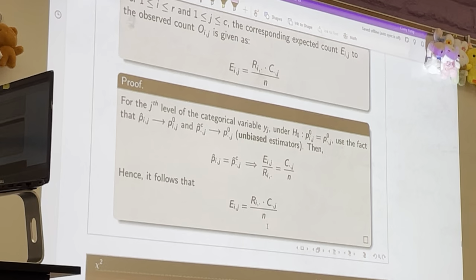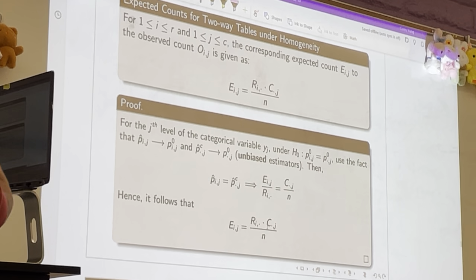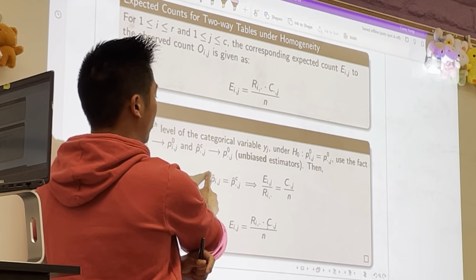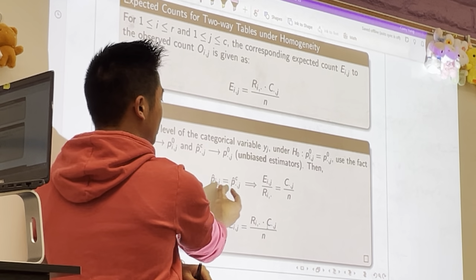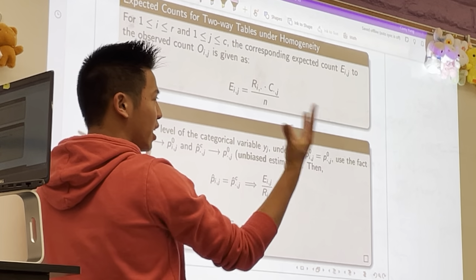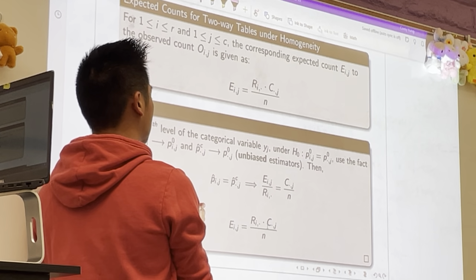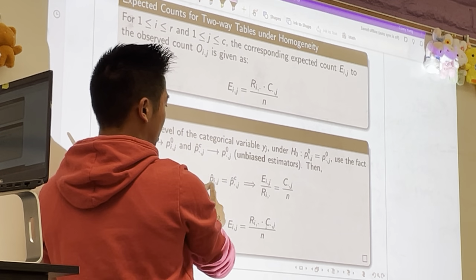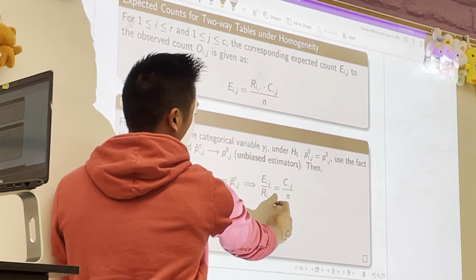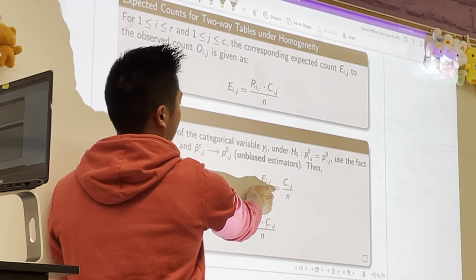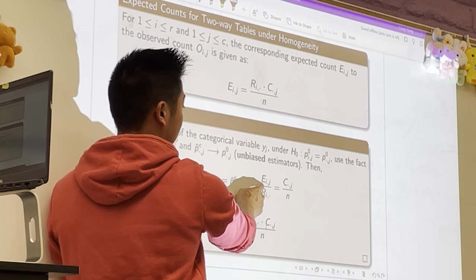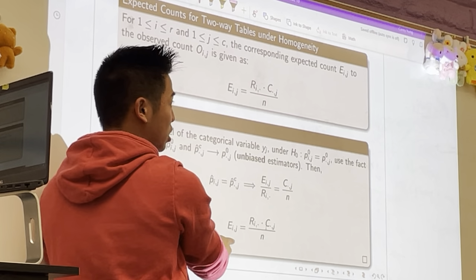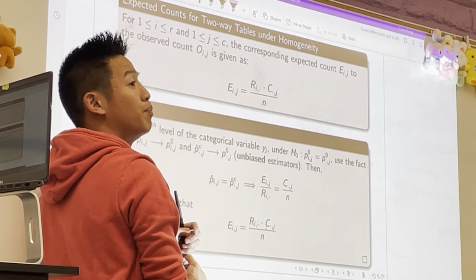And now, to find the expected count, I'm going to combine those two propositions. If I'm going to say that the p hat i,j, just that one cell, is equal to that combined, pooled proportion, and they're supposed to be equal in value in the long run, then I set them equal to each other, and because I want to find the expected count in the ij cell itself, I move this row sum over to the other side by multiplying, and I get this formula, which is exactly the same as it was under independence.